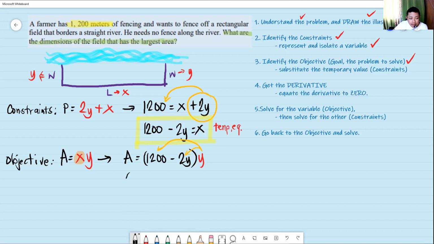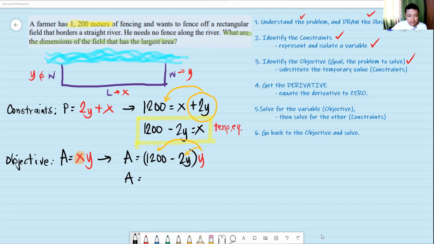So we will now have A is equal to, type it in the chat box, please. What is the distributed value for this expression? Distribute y to 1,200 minus 2y. What will it be?